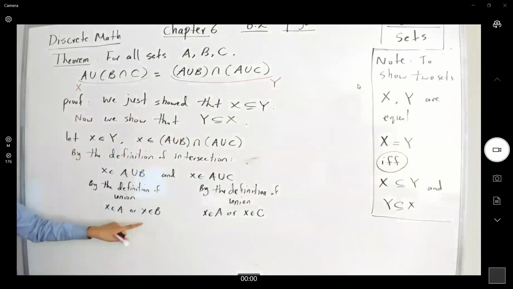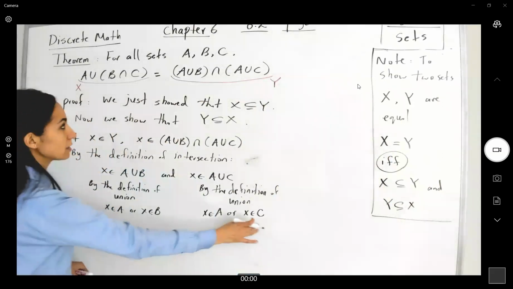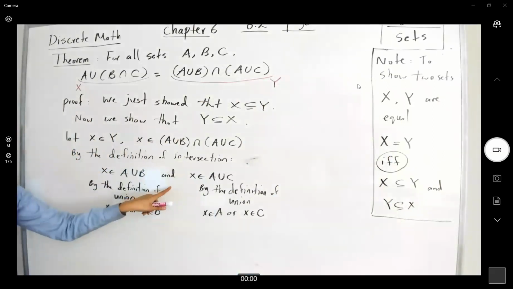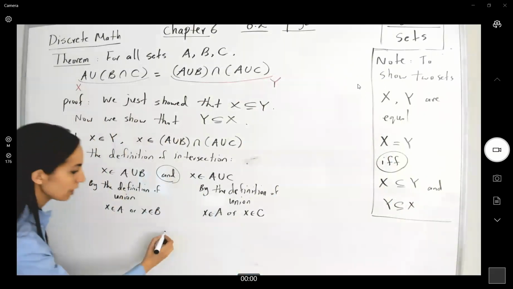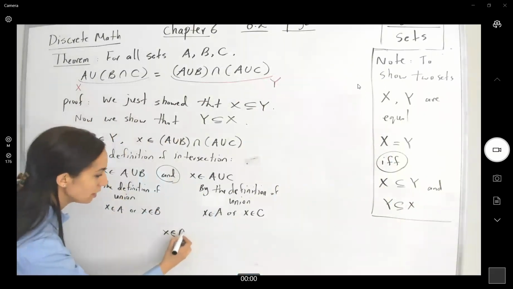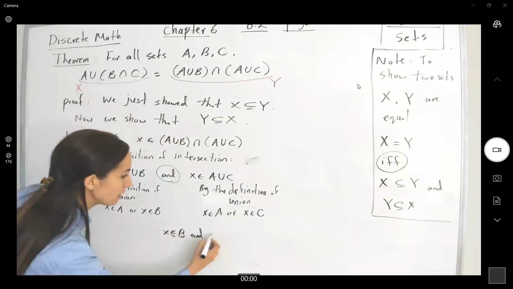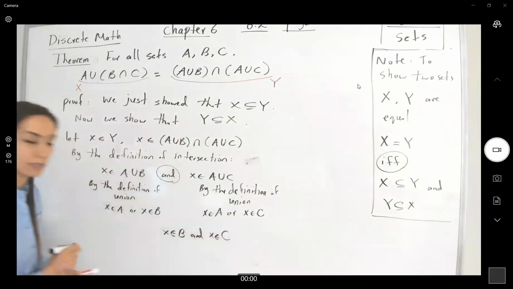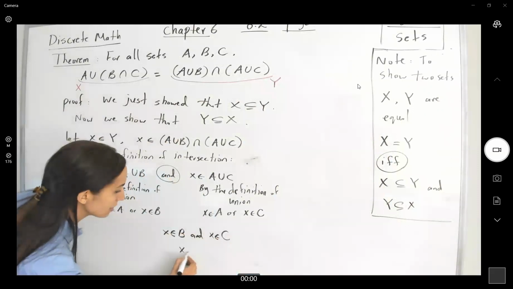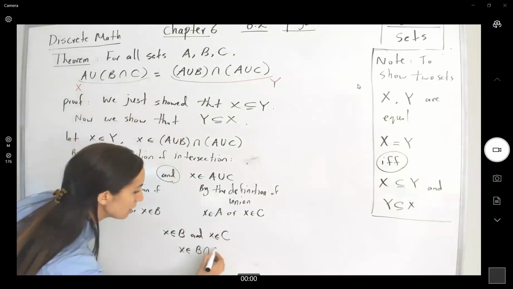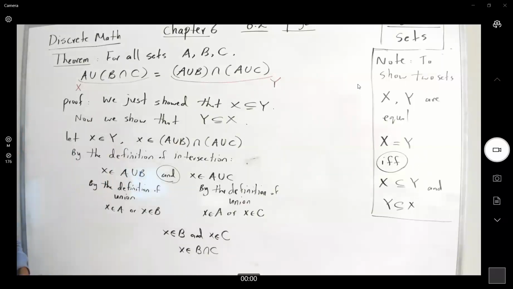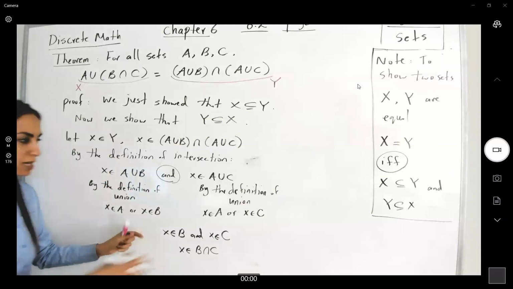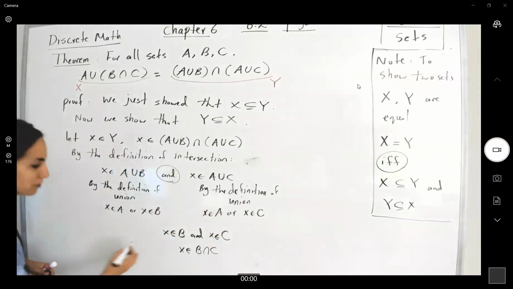We have x is in B, x is in C. The connector in between them is AND. So x is in B and x is in C. It means that x is in B intersection C by the definition of intersection. And at the same time, x is in A or in that intersection.